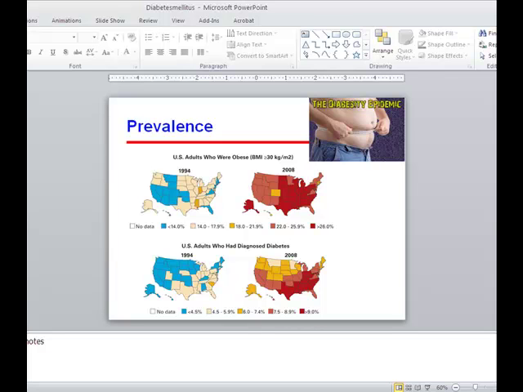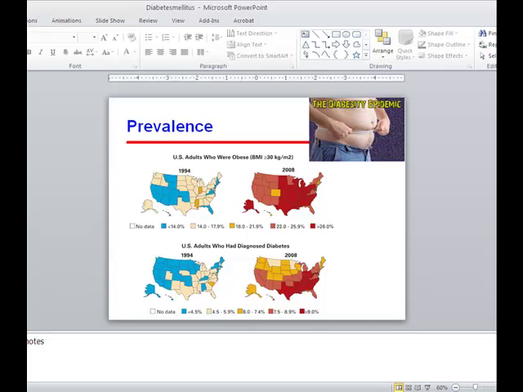The top map shows the prevalence of obesity and how it has changed from 1994 until 2008. You can see how the colors have changed. We are an obese nation. And again, you see where that obesity is more. It's everywhere, but it's more so in the South and in the Midwest.